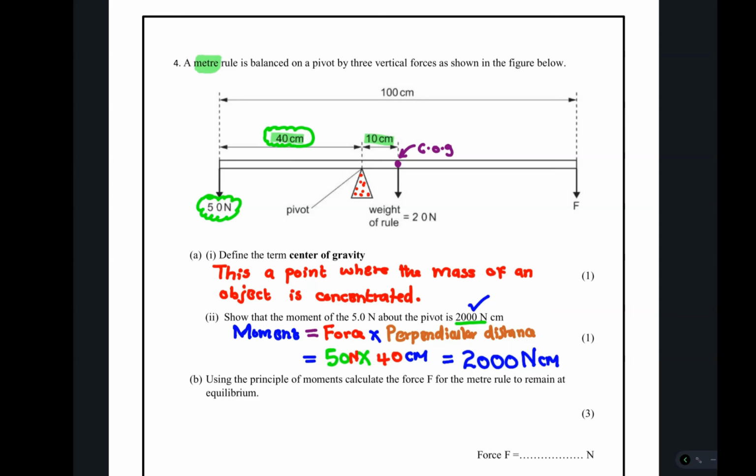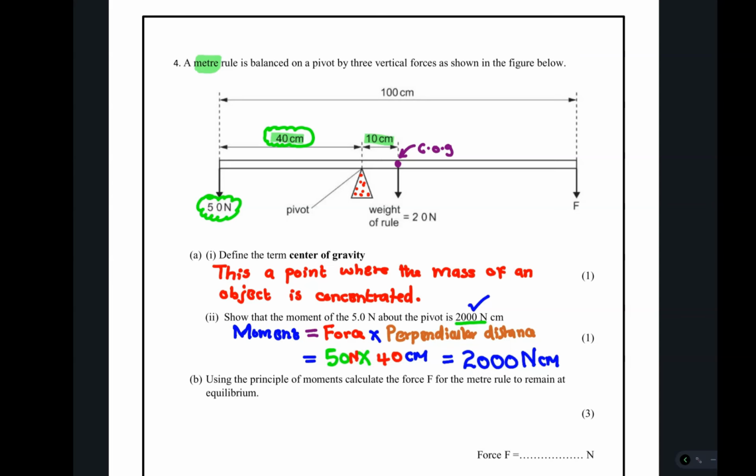And when you are doing this kind of question, I want you to be careful, because all the distances we are talking about here are measured from where the force is to where the pivot is. So we have force F and 20 newtons. They are on the same side of the pivot. And therefore, these two forces are going to give us a clockwise moment.